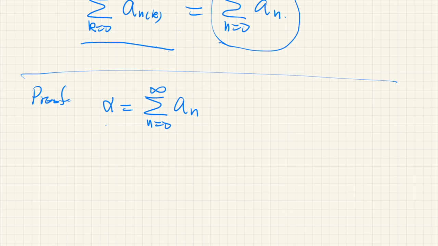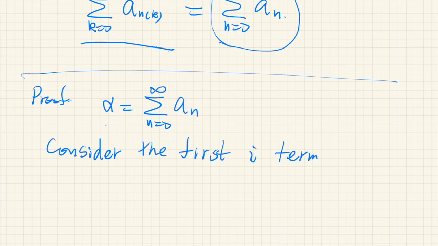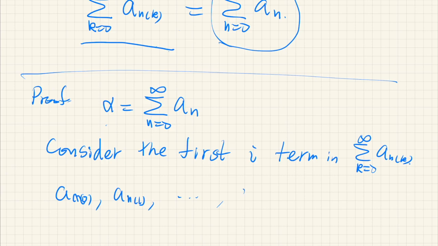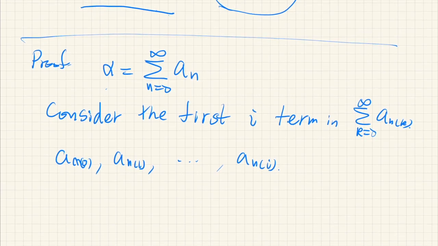Okay, and consider the first I terms in this permuted series a_{n(k)}. So that is a_{n(0)}, a_{n(1)}, and so on up to a_{n(I)}.